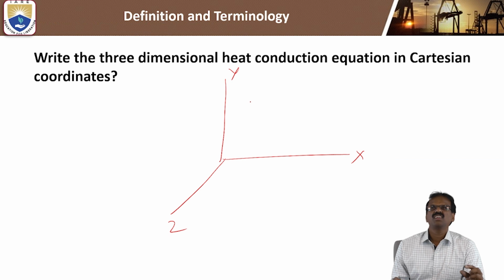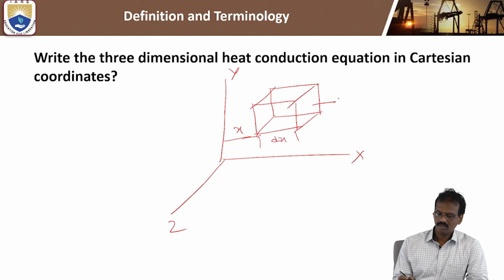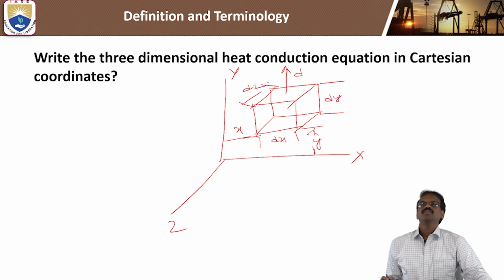We are considering only one rectangular element. The thickness of the element along x is dx, along y is dy, and along z is dz. So this is the Cartesian coordinate system.